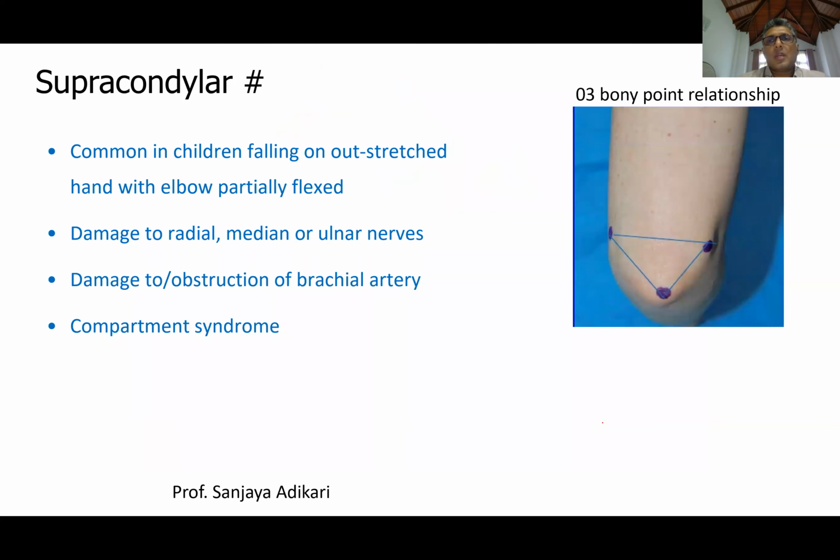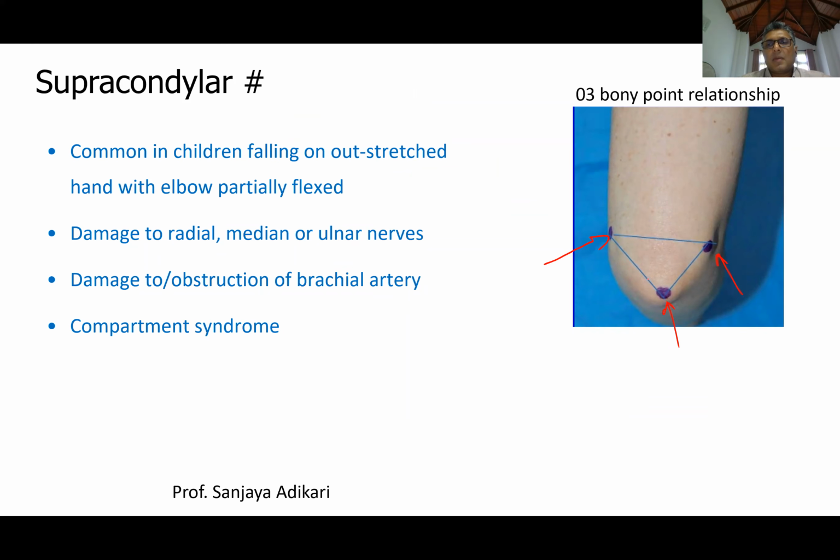Whatever it is, when you get supracondylar fractures, you do not lose the relationship between the three bony points at the elbow: the lateral epicondyle, the medial epicondyle and the olecranon of the ulna. But this relationship is disturbed if you dislocate the elbow joint.